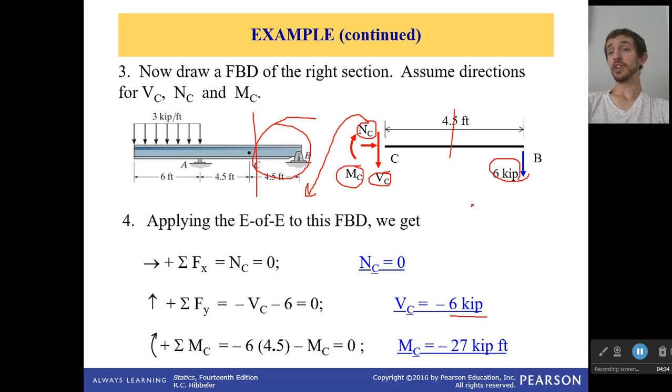If it had been 2, it would have been a 12 kip-foot moment. And all the way down to 0, it would have been a 0 kip-foot moment. So the internal moment increases as we go away from this force. That's very important for solid mechanics, less important for here right now. Just if you calculate it at several points in the same beam and you see the moment keeps on changing, that's expected. So don't worry about it.